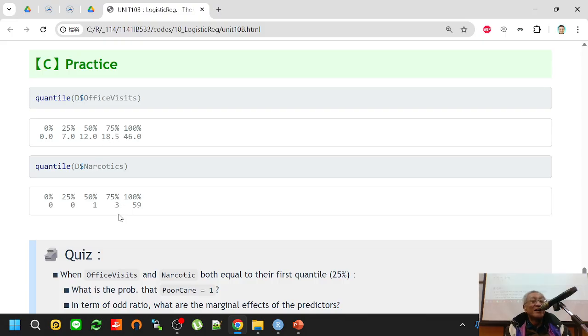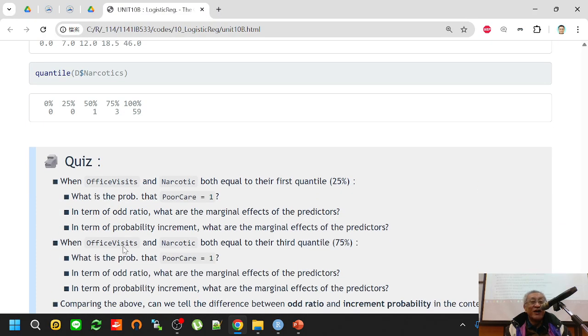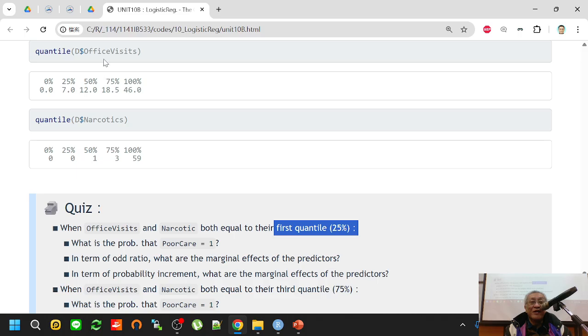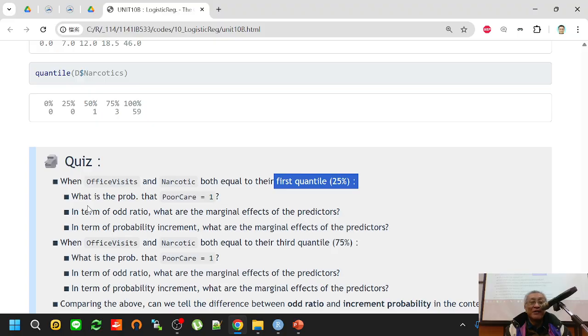So here is a practice: when these two predicting variables equal their first quantile, which means alpha space is equal to 7 and nat tortoise equal to 0, what is the probability of poor cat?